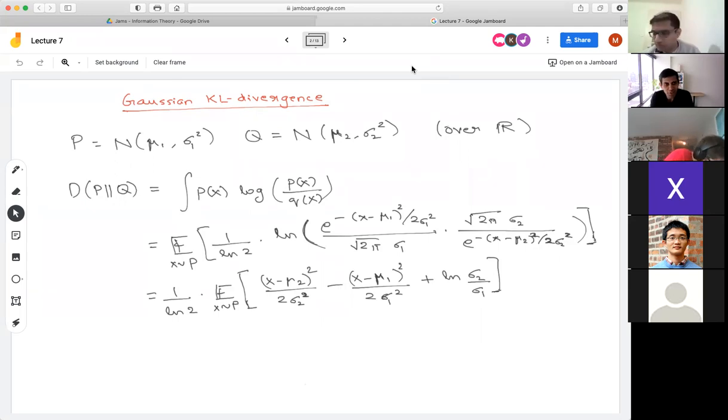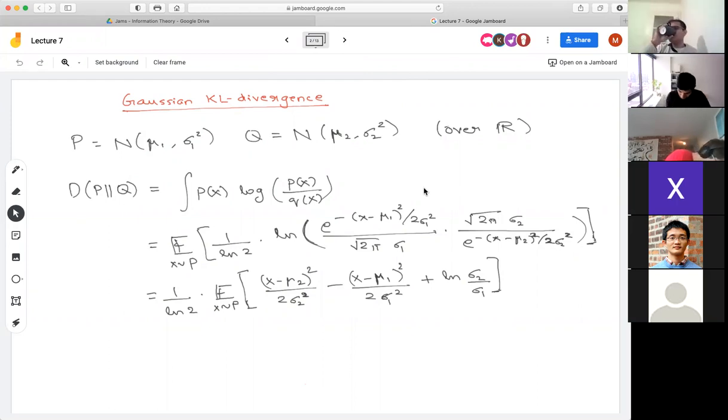The KL divergence for Gaussians: let's say we have two one-dimensional Gaussian distributions with different means and different variances. You can pretty much calculate the KL divergence from the definition, using the density functions, integrating over density functions instead of a summation.